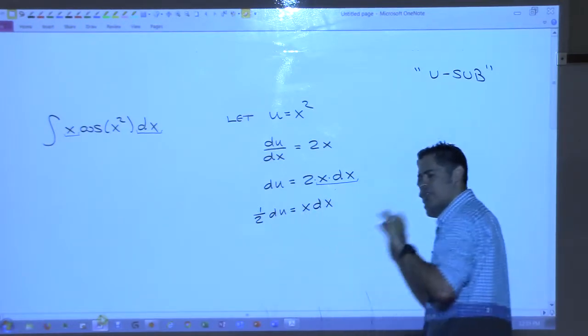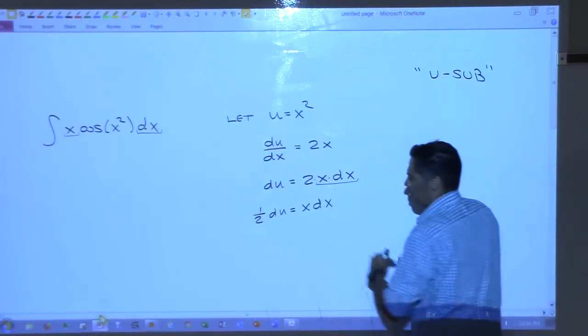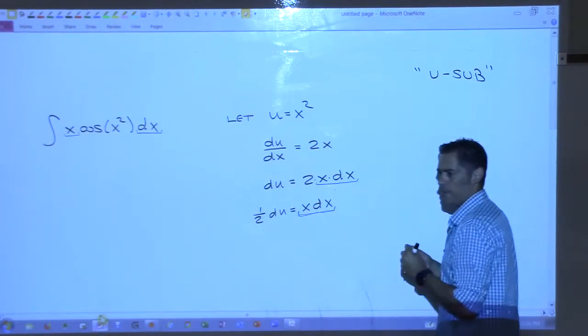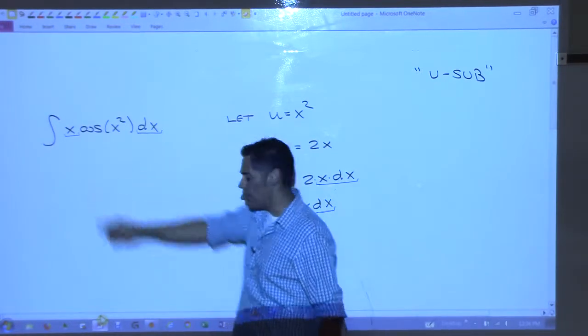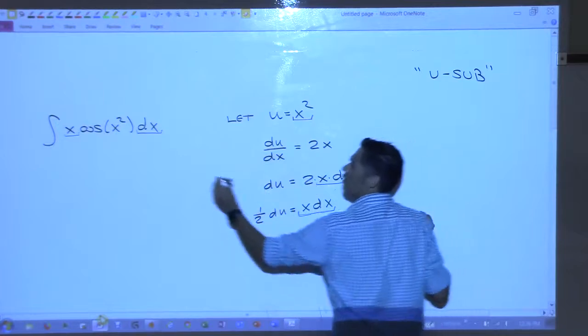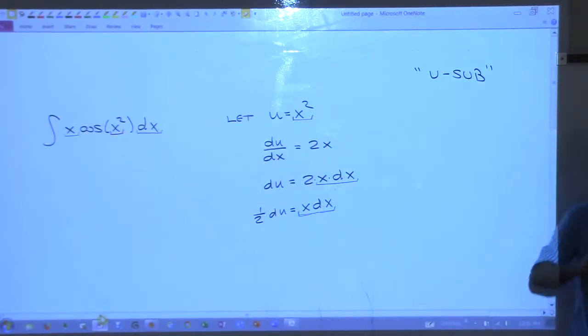If you're confused, just let me do a few of these, and hopefully it'll start to become clear to you. All right. So you see what's in blue here? You see that blue here, right? All right. You see the red here? You see that right there? I'm going to rewrite the whole integral now.